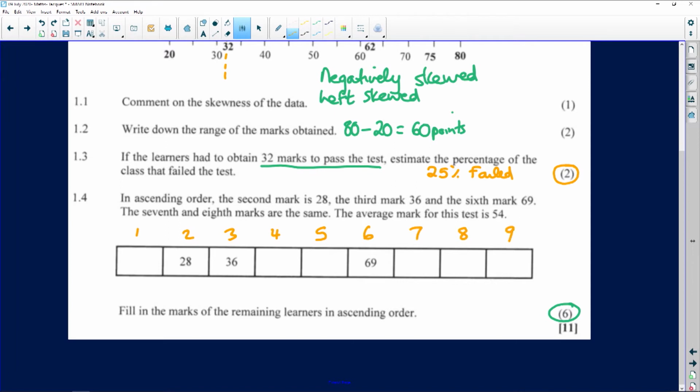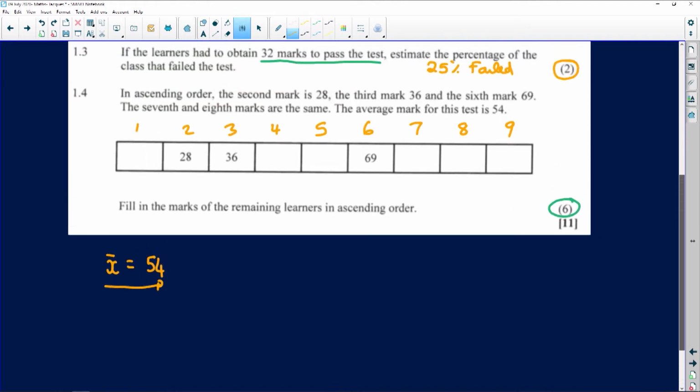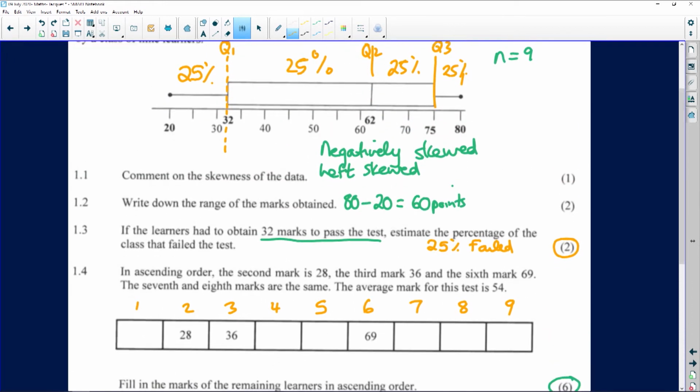Remember, there were 9 students in the class. Then they tell us the average for this class was 54 for the test. So let's keep that on the side and let's go back. We are seriously short of information over here.